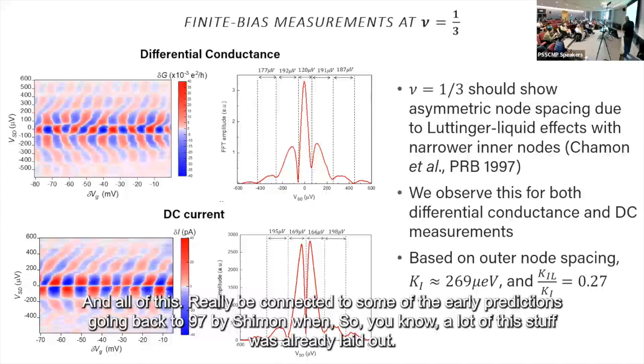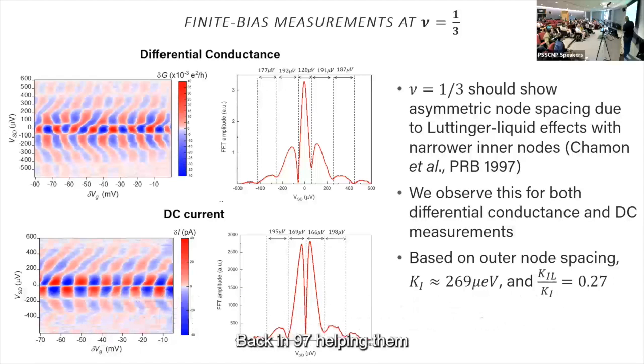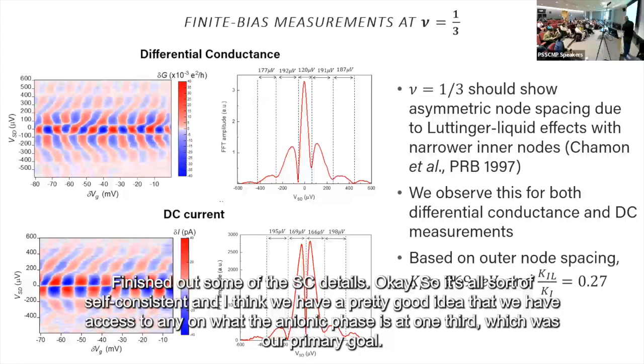So a lot of this stuff was already laid out back in 97, and Halperin finished out some of the messy details, okay?